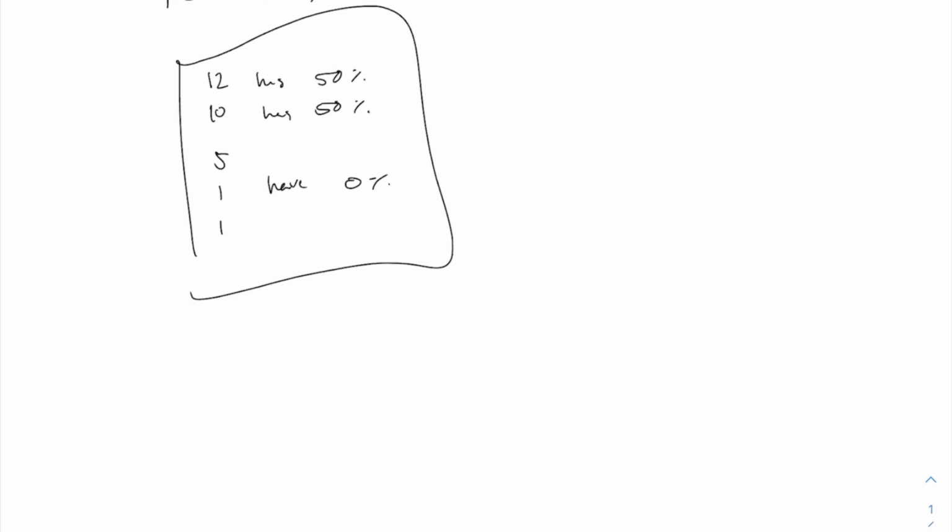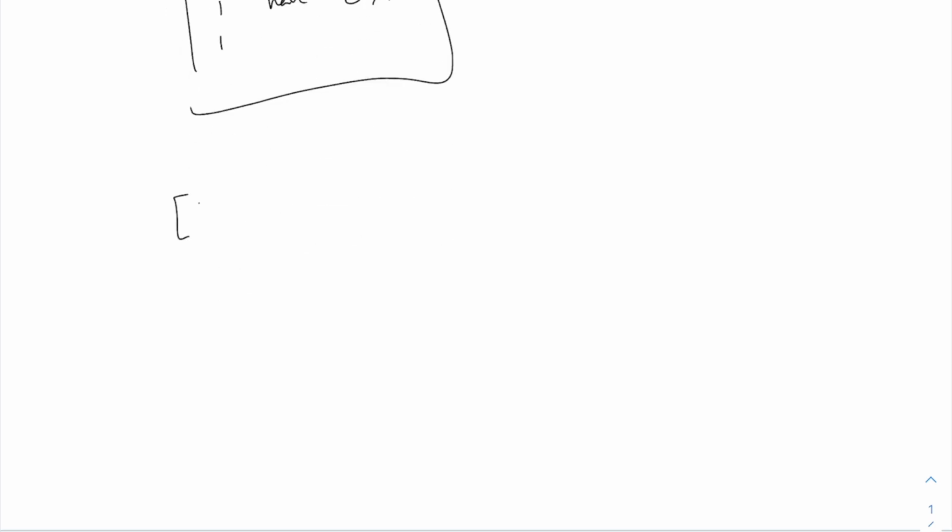Anyway, here's just another example. How about this? 30, 10, 10, 10, and 9. This is a similarly interesting example here. In order to pass the law or whatever, you got to get to 30.